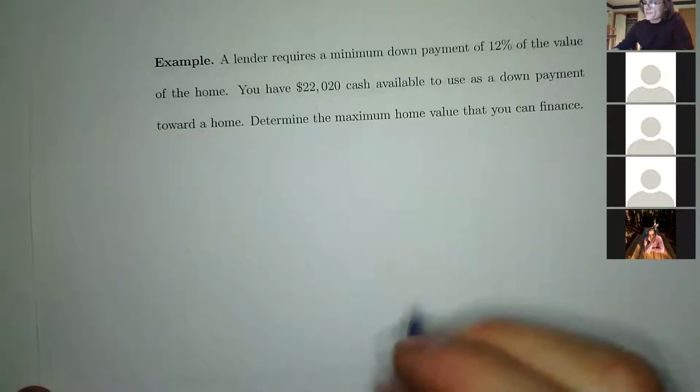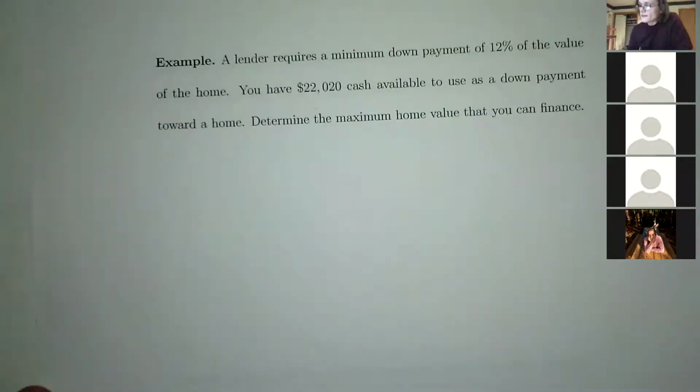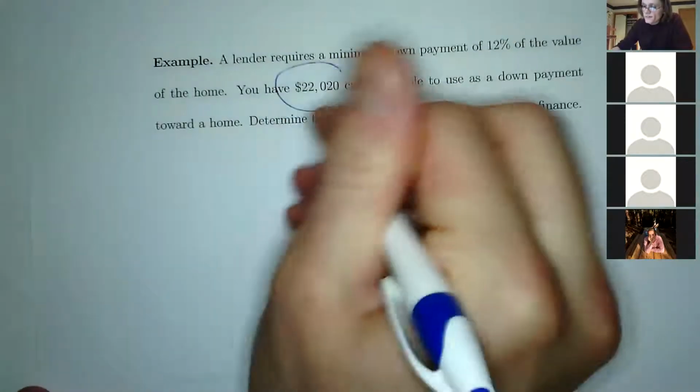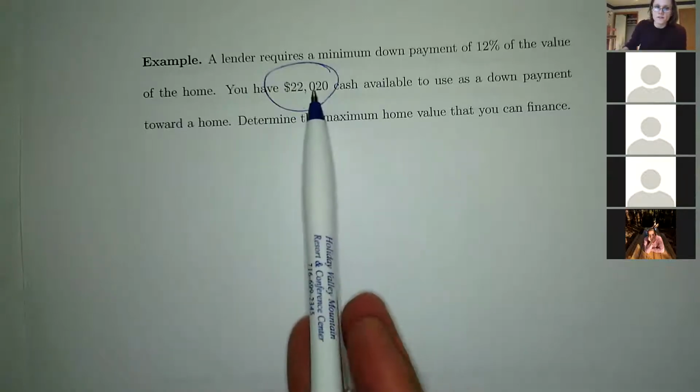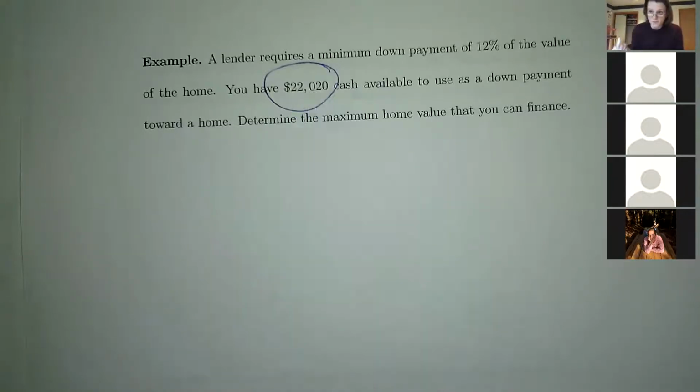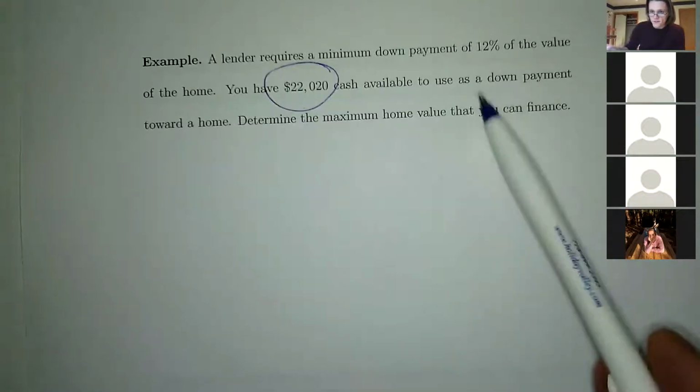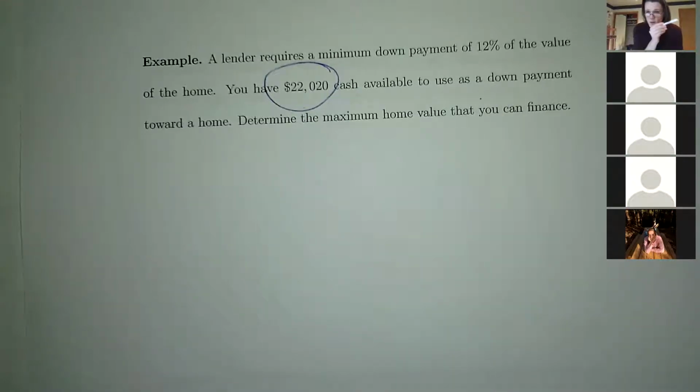So let's see. Determine the maximum value, right? And so this is the most we have, right? That's the most we can spend. And so we want a maximum value. So what we're going to do is pretend that we spend all of that on our down payment. And our down payment is 12%, right? So it's just like the problem we did, but in terms of houses instead of sketchy mufflers, right?